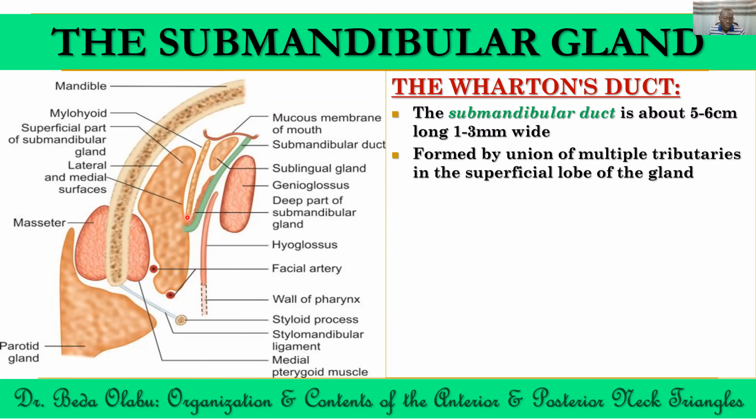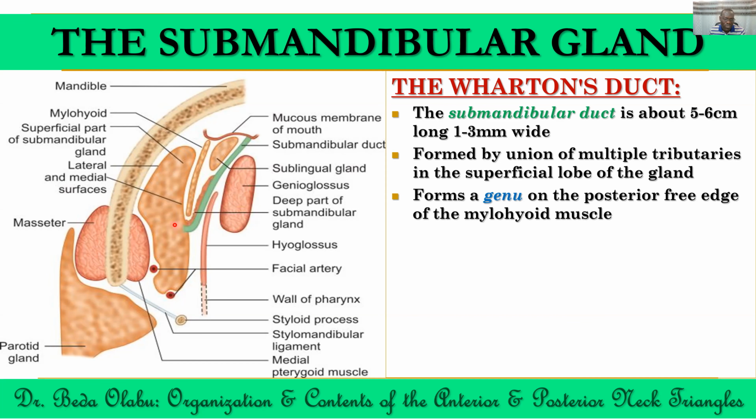It is formed by the union of multiple ductal tributaries from the superficial lobe, actually. So multiple ducts will join to form the submandibular duct, usually behind the mylohyoid muscle there.